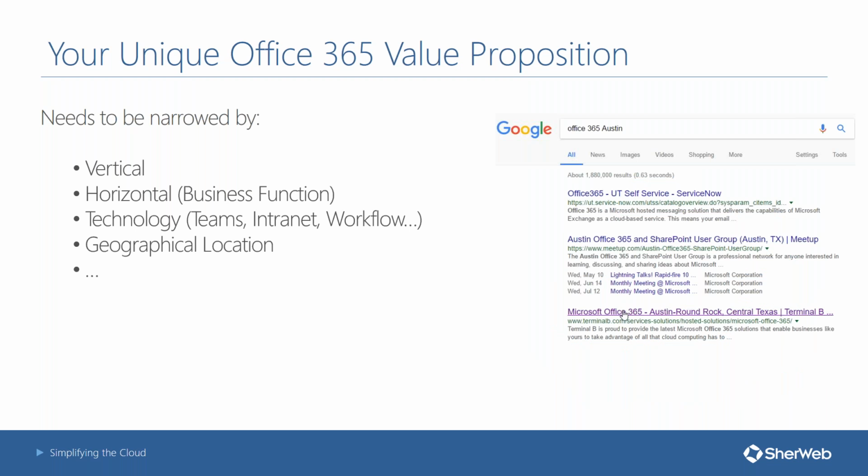Geographically also, a lot of partners are probably focused on that. You have a specific workforce in your local area, you have proximity to your customers, and that's something that no one can take from you.